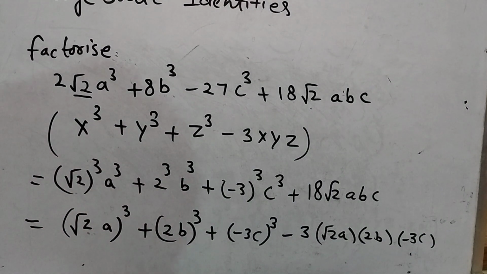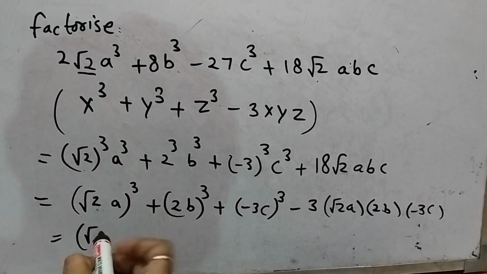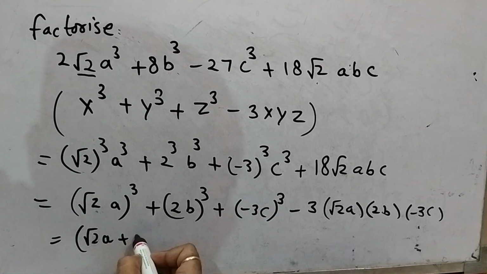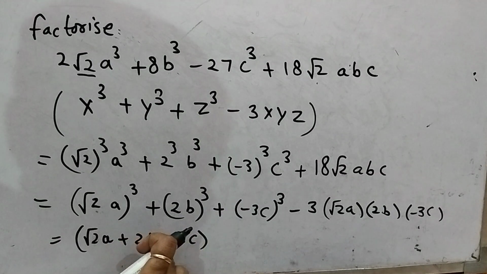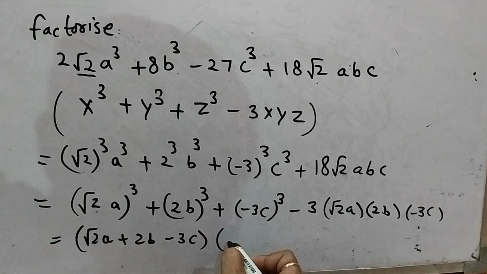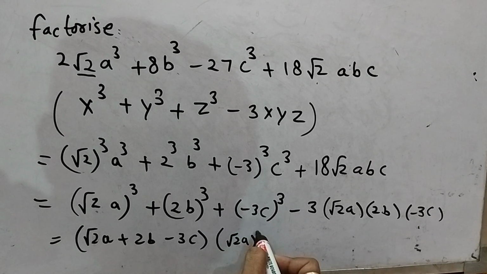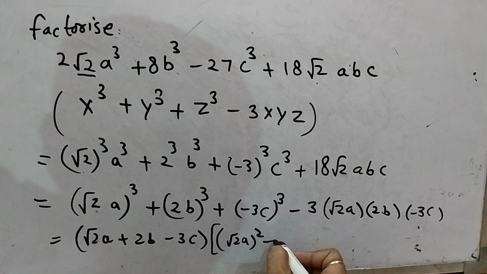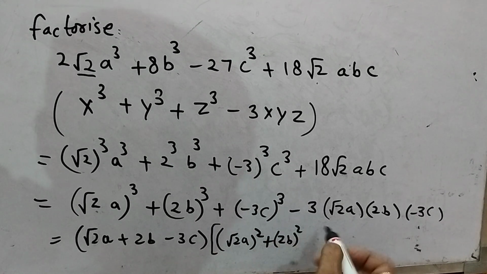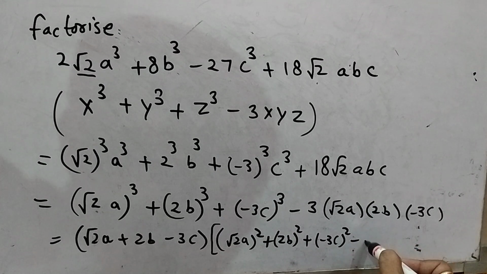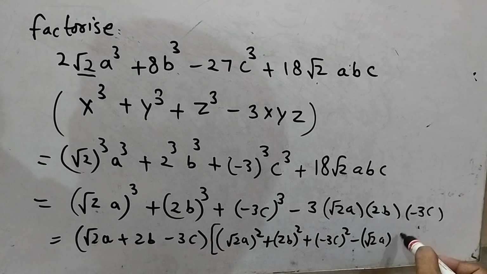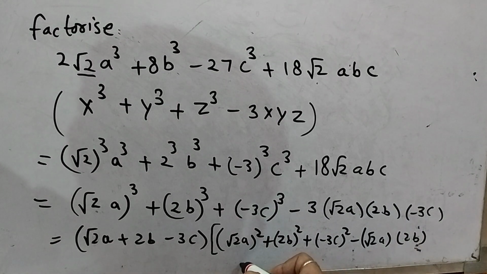So here we have x plus y plus z in the first bracket, so root 2a plus 2b, this is z actually, plus minus 3c, plus minus become minus, and in the second bracket root 2a square plus 2b square plus c square, here minus 3c whole square, minus ab minus 2 root 2 a, minus bc, minus b is what?